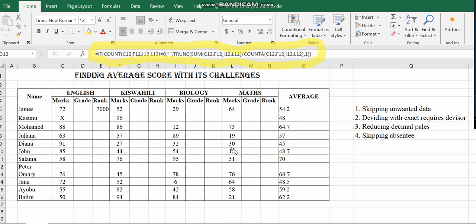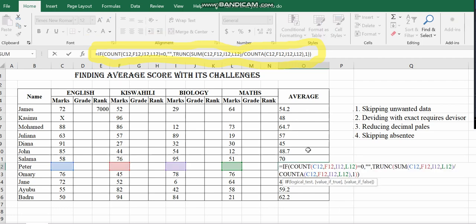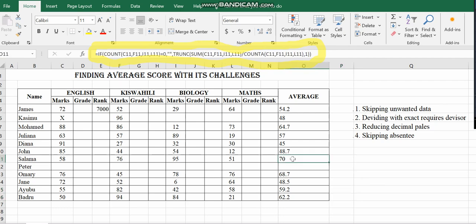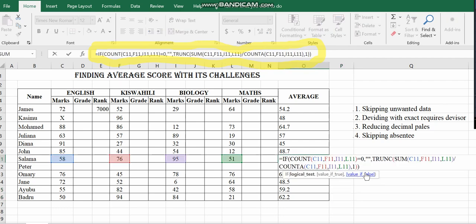A bit longer, a bit complex, different from other formulas of simply writing equal sign and average, because it has included so many things in this formula. This is our formula. It has included so many things.